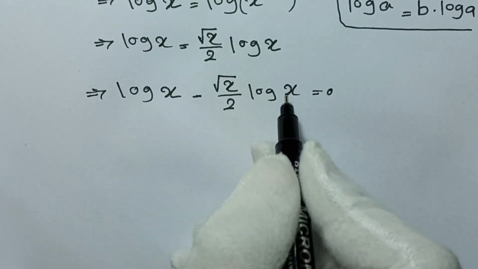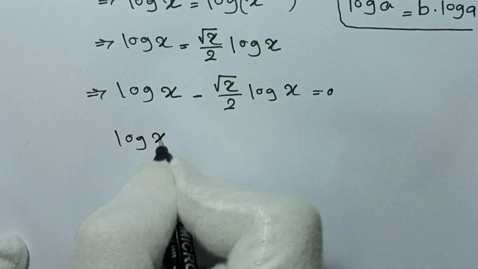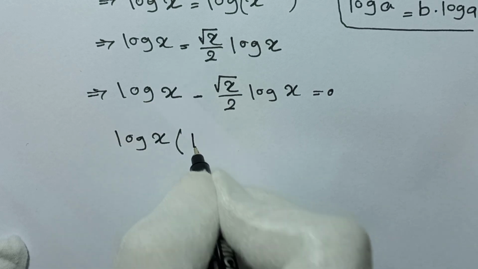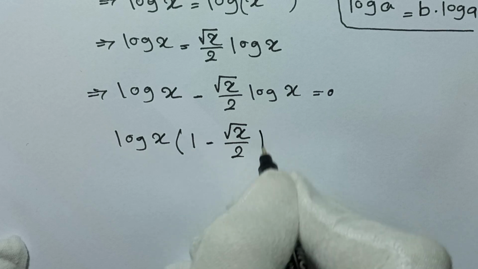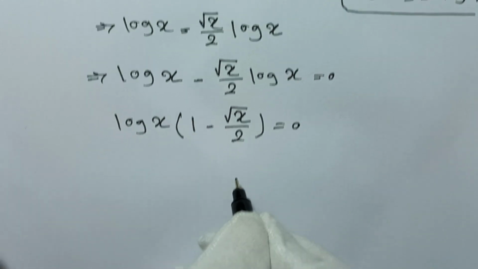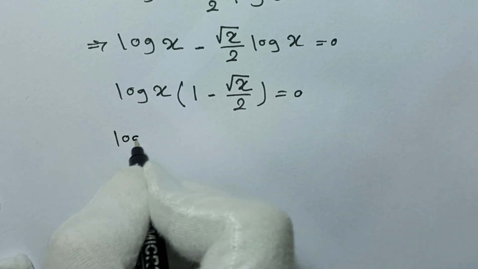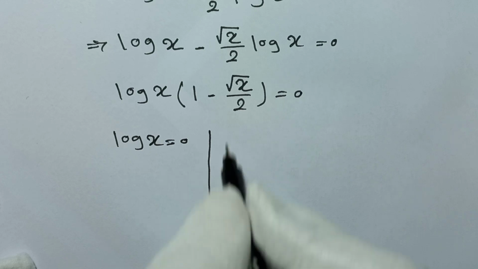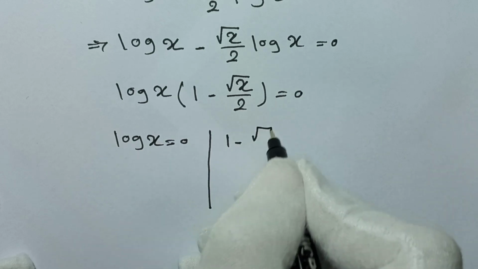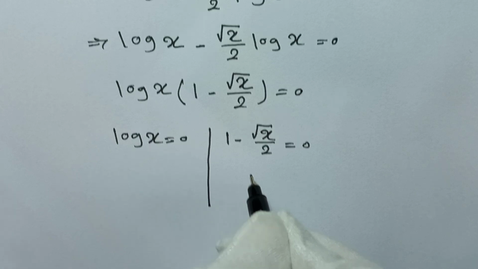Here log of x is common, so we factor log x, and here it will be 1 minus square root of x over 2 equals 0. So this times this equals 0, so here we have log of x equals 0, or 1 minus square root of x over 2 equals 0.